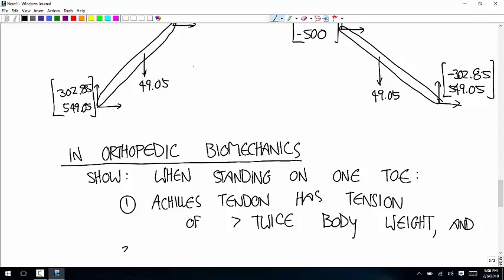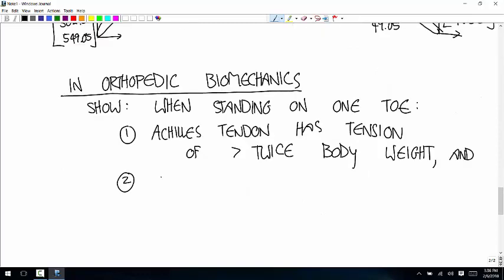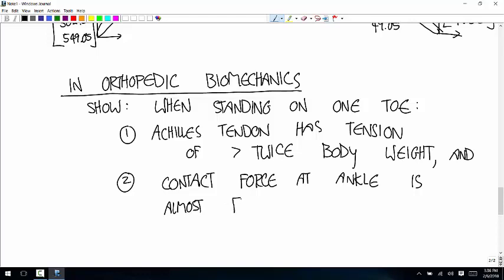And second, the contact force at your ankle is almost 4 times your body weight. I think for most people that seems like a pretty surprising result. It's hard to imagine how that could happen.